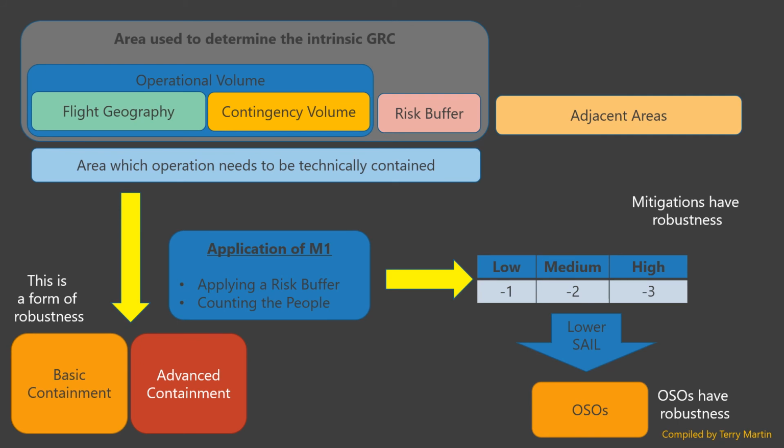Now, when you look at adjacent areas or containment, and whilst for the IGRC it's the same area considered for containment, you also need to consider what the population density of the adjacent areas are. And just as the mitigations are different from the OSOs, all the robustness measures are different from the OSOs, and the robustness for containment is different again.